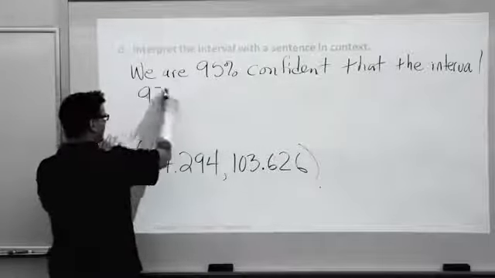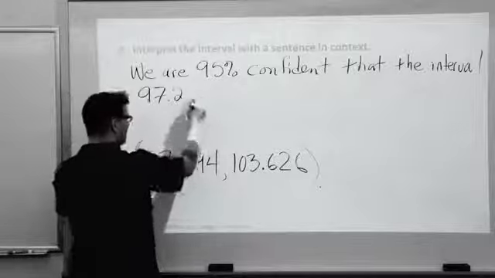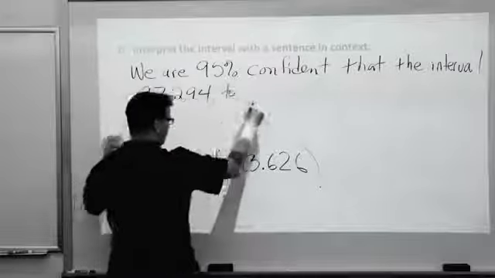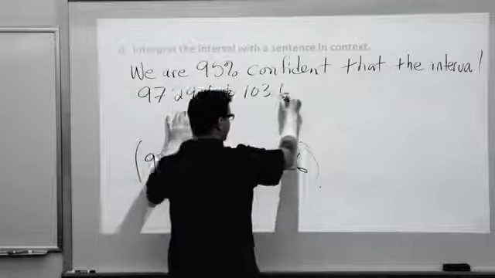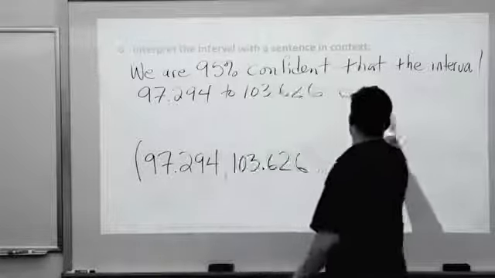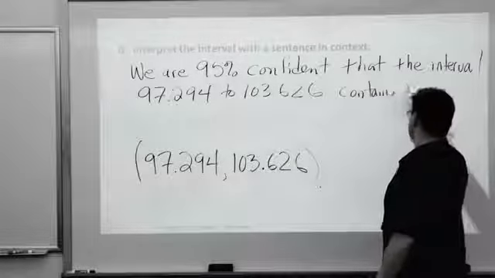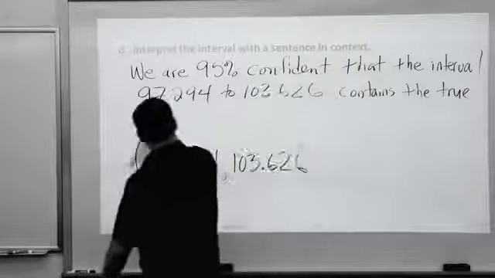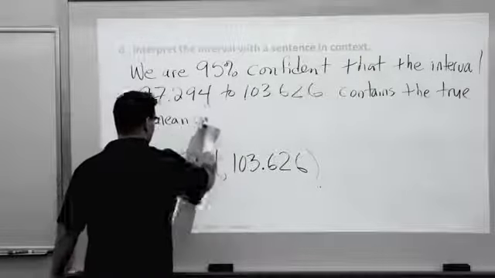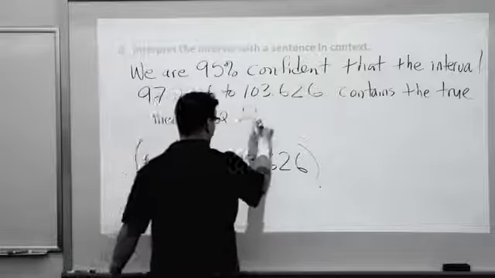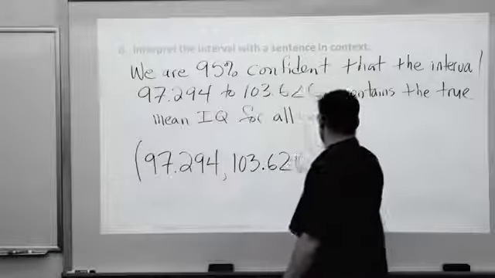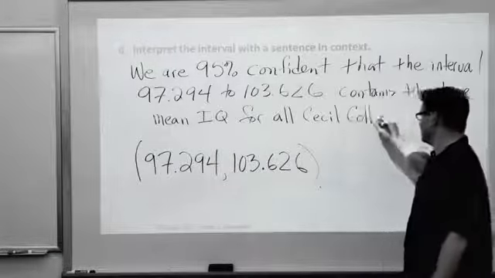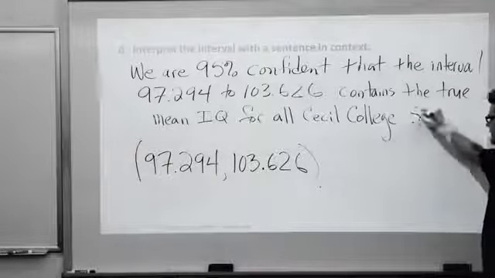I'll even write it, 97.294 to 103.626, contains the true mean IQ score for all Cecil College students.